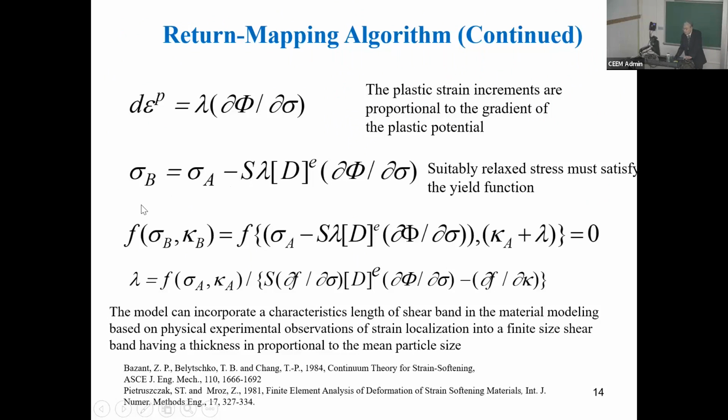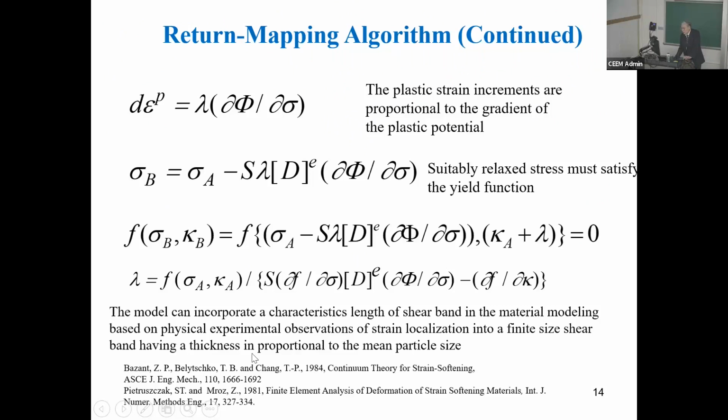And this is put into the function F. And applying Taylor expansion, we can determine lambda. The model can incorporate characteristic lengths of shear band in the material modeling based on physical experimental observation of strain localization into a finite size shear band.